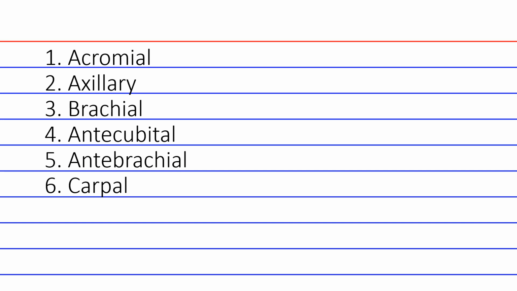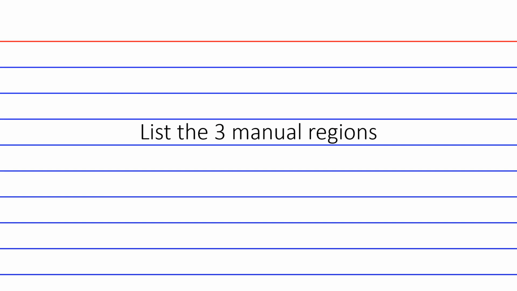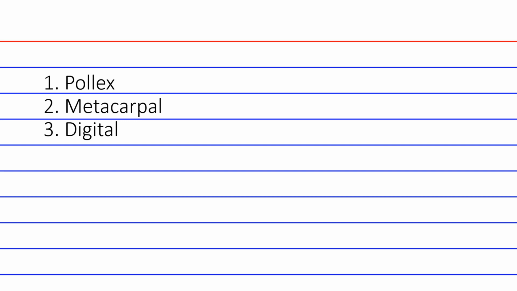Those are your upper limb regions. List the 3 manual regions. If you remember, manual means hand. Your thumb is the pollex, and then you have the metacarpal region and the digital region.